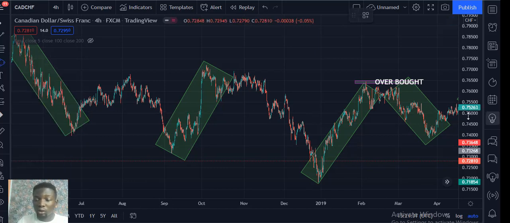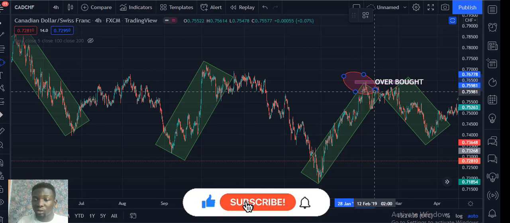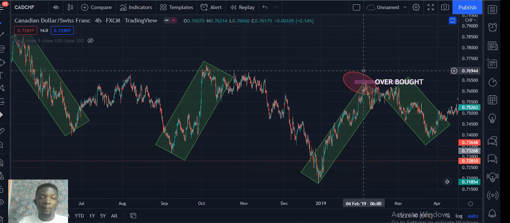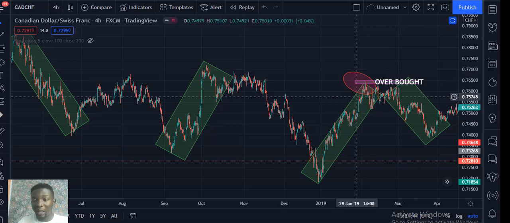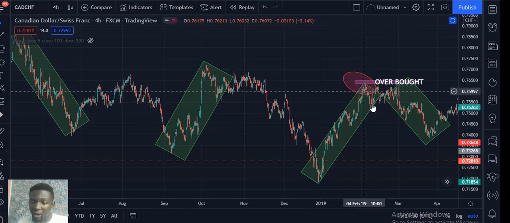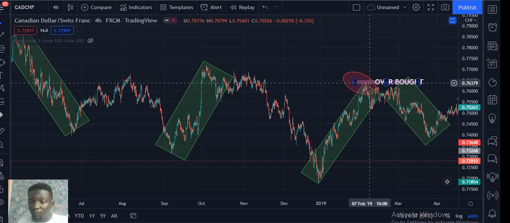This is the time I'm talking about. This is the best time to sell. Just sell off. Once they stop buying, the price will start coming down, and this is what we experience here. The buyers stop buying here because they've reached the overbought price.